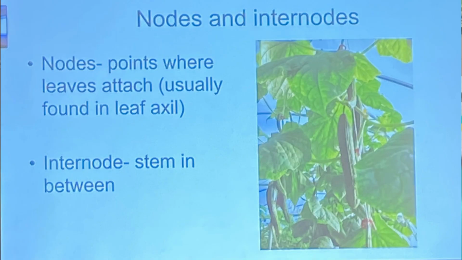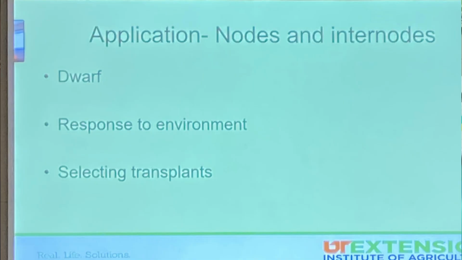We're going to get into nodes and internodes. Nodes are points where leaves attach, usually found in the leaf axil. Internodes are the stems in between. The application of nodes and internodes: dwarfing, response to environment, and selecting transplants.